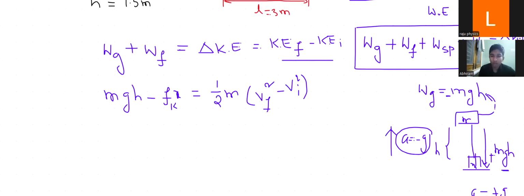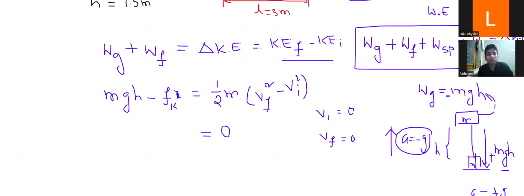Finally, it will come to rest. So your initial velocity is zero, and your final velocity is also zero. So what is the value of change in kinetic energy? It is 0 minus 0, which is 0. This term is 0.